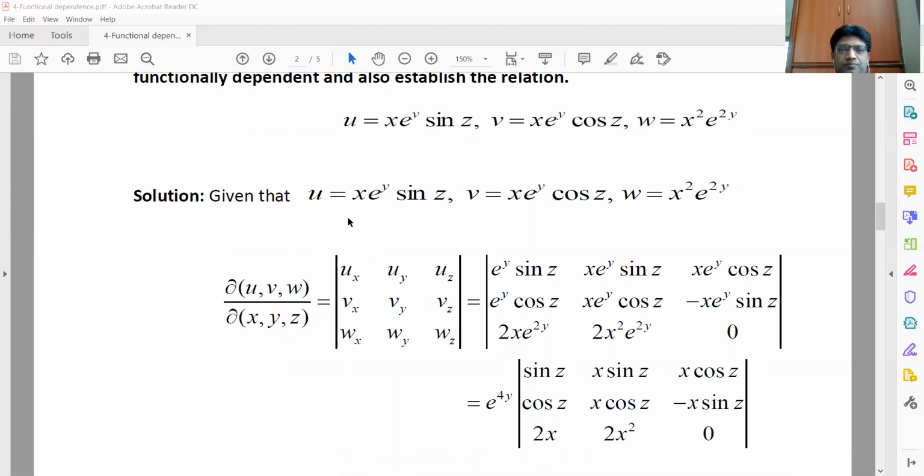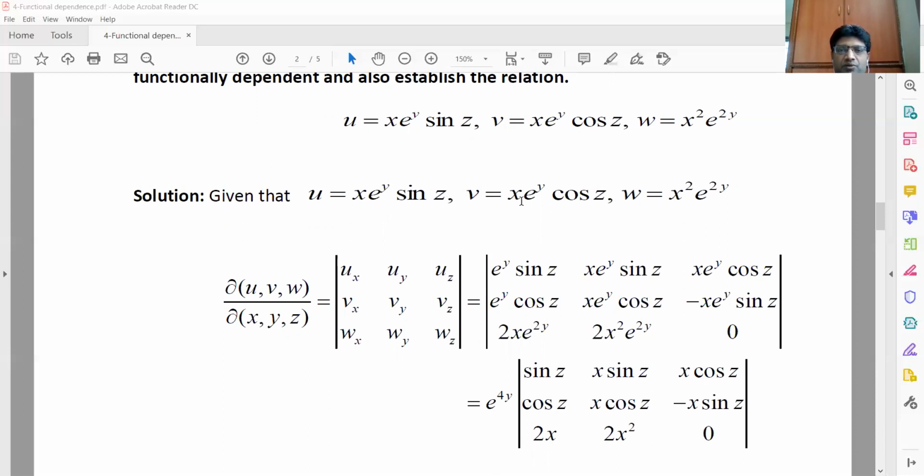u sub x means partial differentiation of u with respect to x. When you are doing it with respect to x, y and z are constant. Therefore, it is e power y sin z. Next, with respect to y, x sin z is as it is, and for e power y it is e power y. When we are doing it with respect to z, x and e power y are as they are, and for sin z it is cos z.